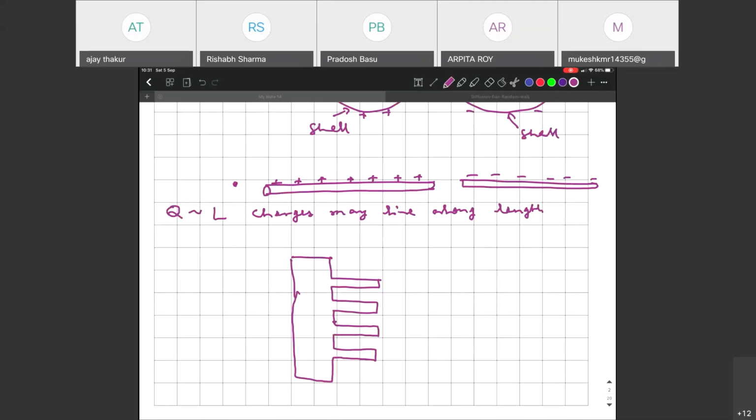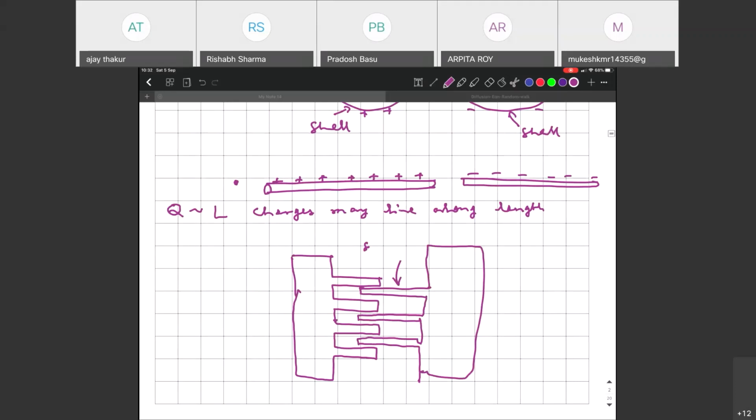If you recall, I did mention the accelerometer somewhere in the actual class, and there we had charges being set up on these surfaces, on fingers basically.